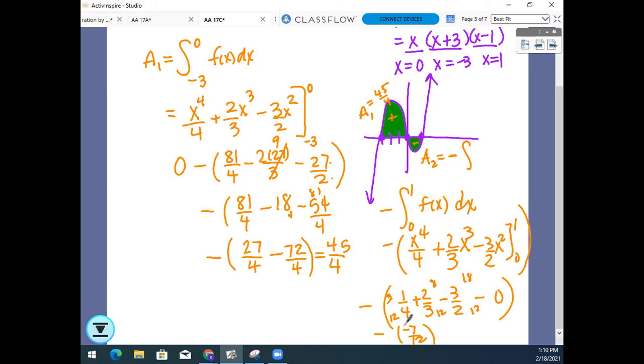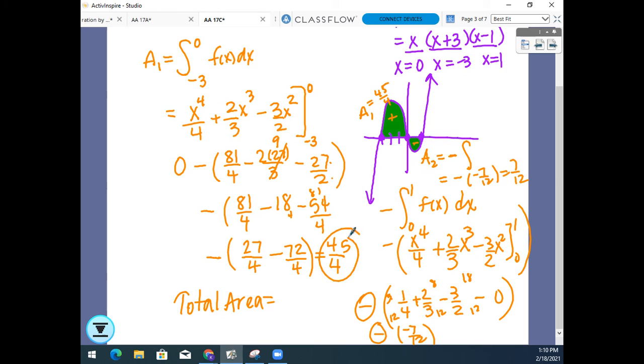Because this is a negative area, negative integral, that's why I need this negative here to make it positive. All area has to be positive. So what this is saying is I'm going to do the opposite of the integral value of negative 7/12, which is positive 7/12.